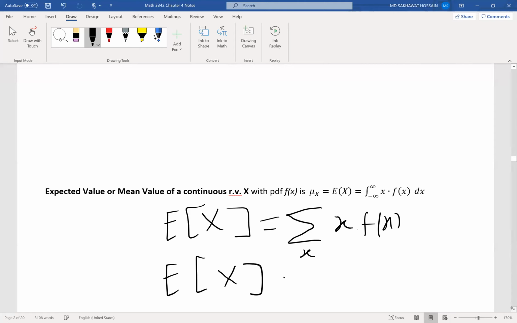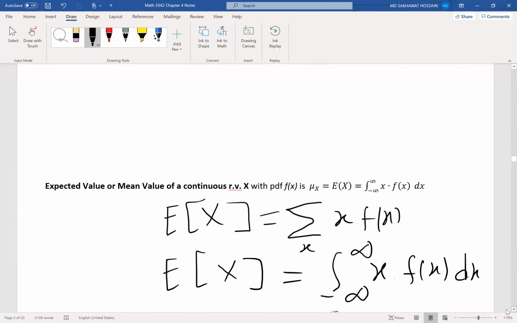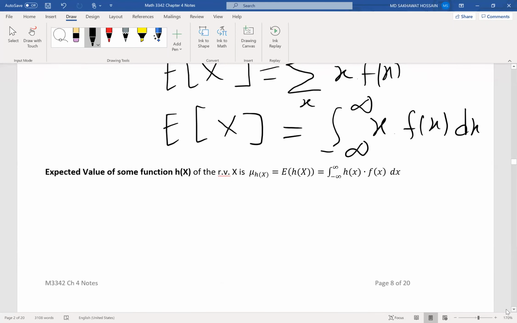The only difference is, since this is continuous, instead of taking the summation, you will do integration. So the expected value of X is equal to the integral from negative infinity to infinity of x times f(x) dx.